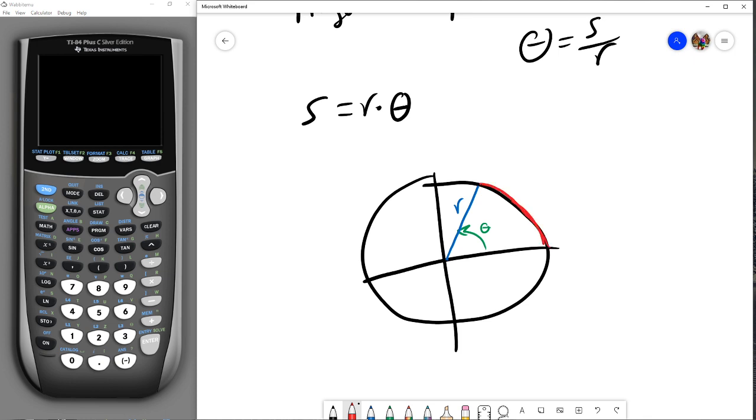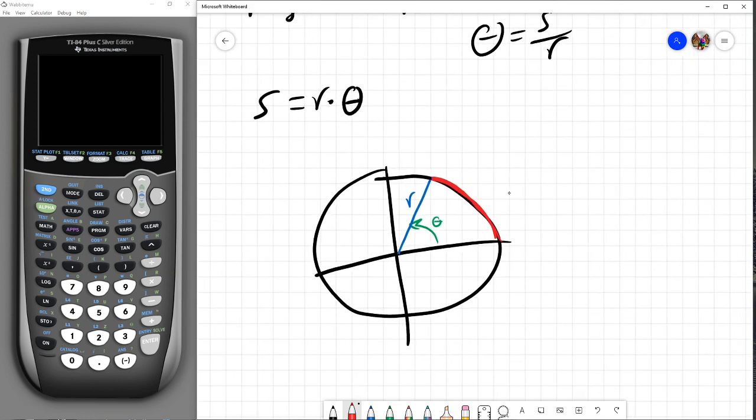And the language we want to use is that the arc length is this distance that's subtended by our angle theta. So from where we start on the positive x-axis, we go some angle theta, and where we stop, this distance here is the amount traveled along the circumference of the circle.